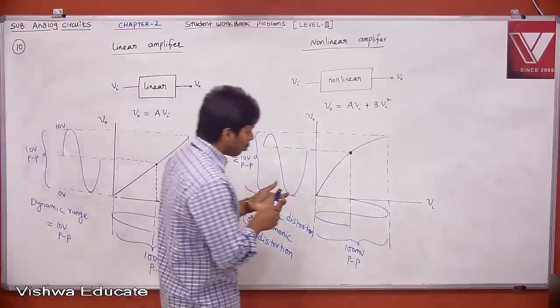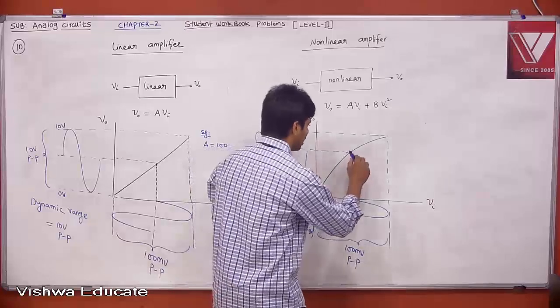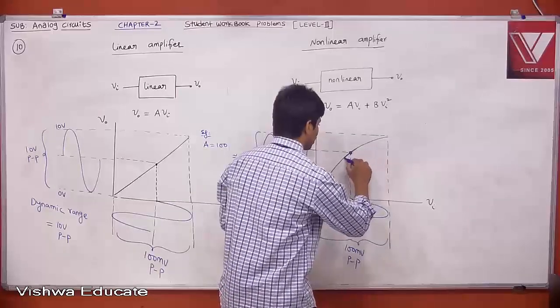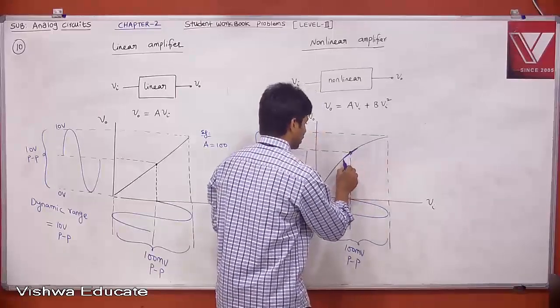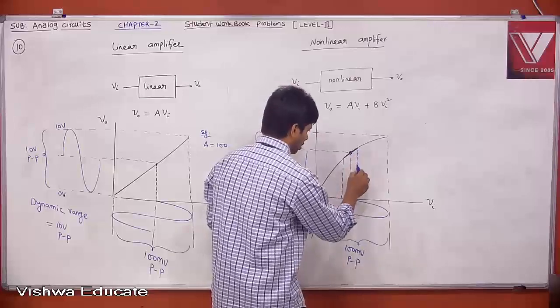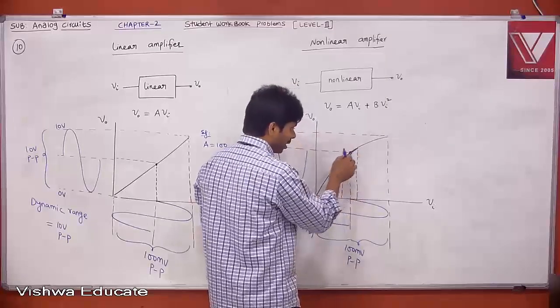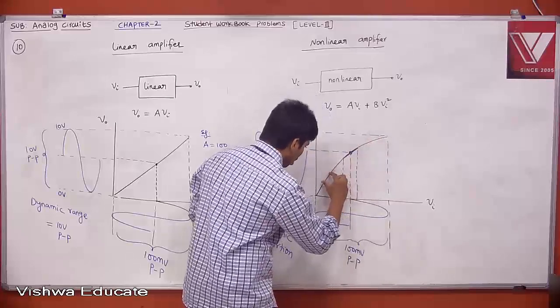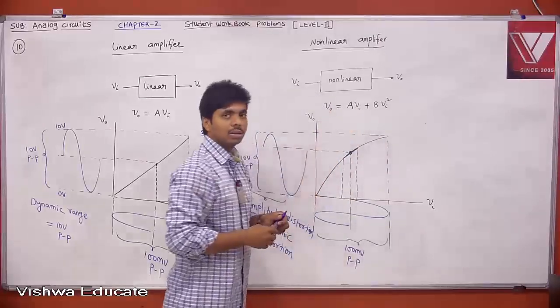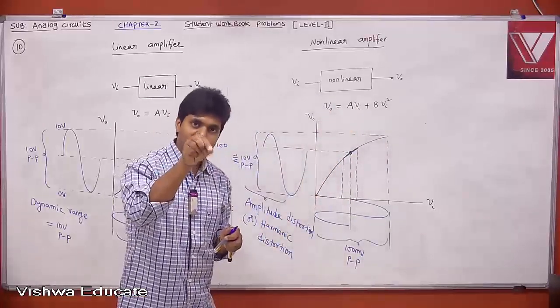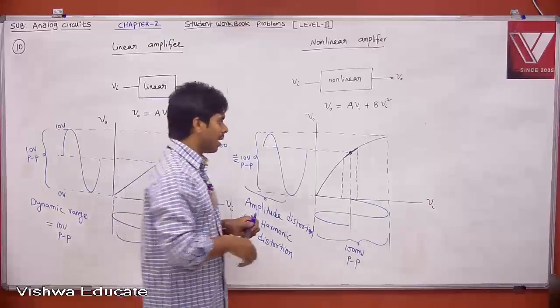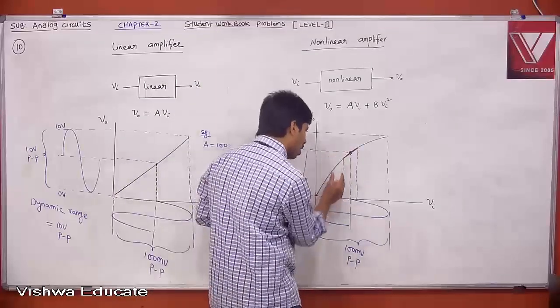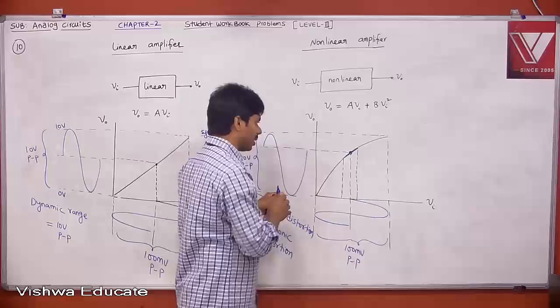Then, if I apply a very small signal, let us say I take only this portion where it is almost linear. Not only here, you take here or you take here, any smaller portion, that is nothing but what? Linear about a point, that is your operating point. About the operating point, a small range is nothing but your dynamic range.